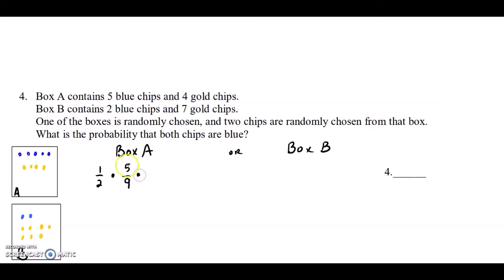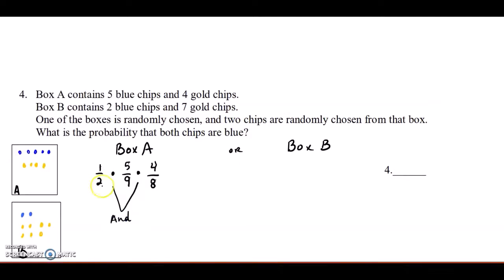On my second pull, assuming I pull a blue, there will be 4 out of 8 chips left in that bag. And again, these are ands. So I have a 1 out of 2 chance of drawing box A, and then my first chip would be 5 out of 9 if it's blue. And if that's blue, then I draw again to get 4 out of the 8 remaining.